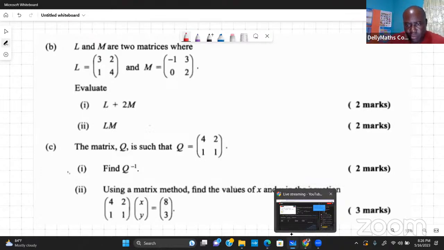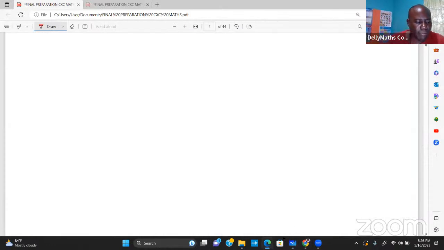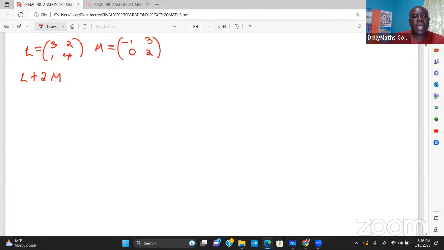All right, there goes. So let me write that. So L is [3, 2; 1, 4]. And then M is [-1, 3; 0, 2]. L plus 2M.